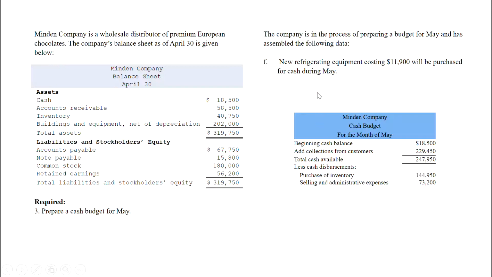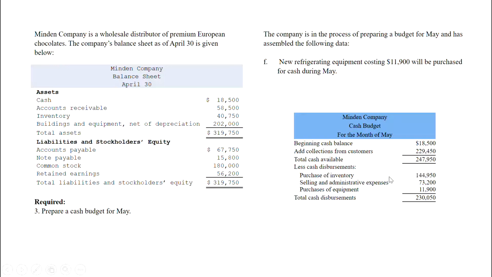Point number F. New refrigerating equipment costing $11,900 will be purchased for cash during May. Again, this wouldn't be represented in inventory. This wouldn't be represented in selling administrative expenses because we're buying some type of equipment here. So we'll show this $11,900 as an additional disbursement or outflow of cash.